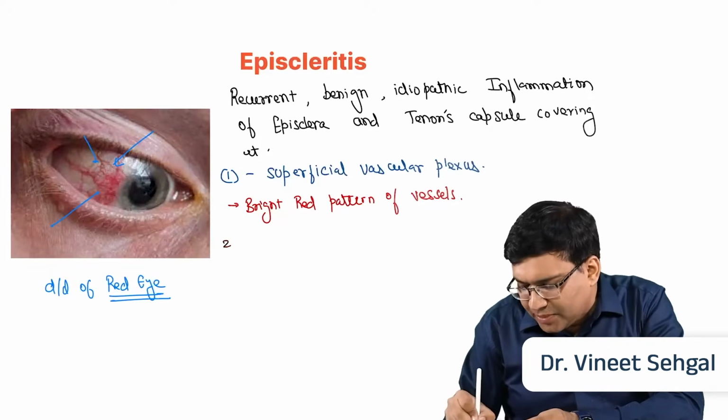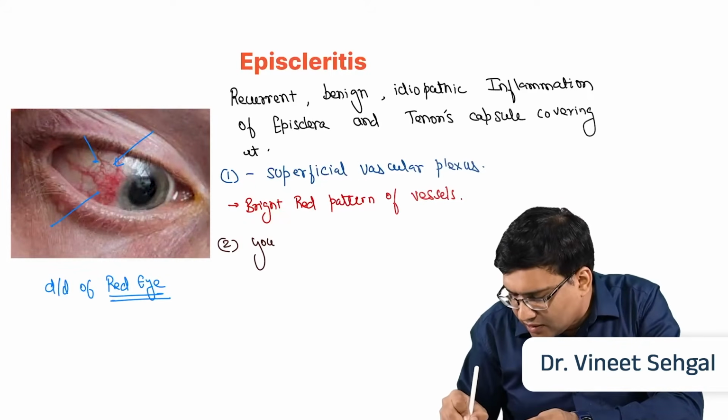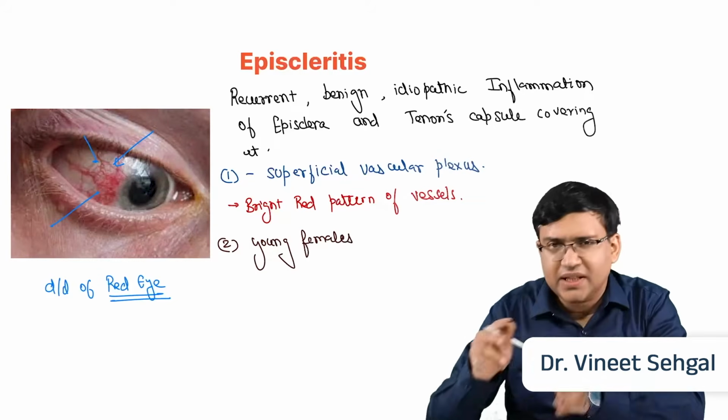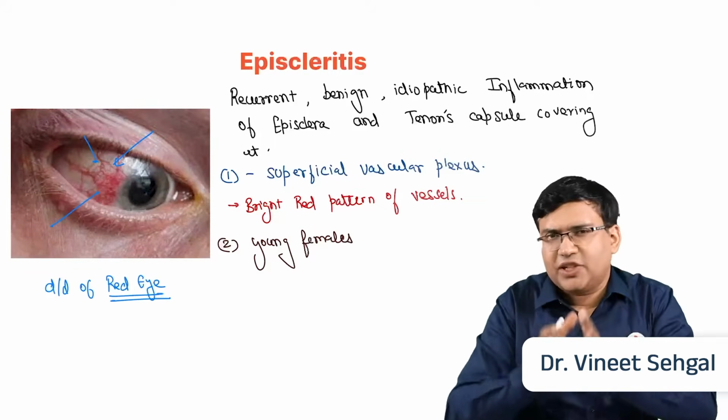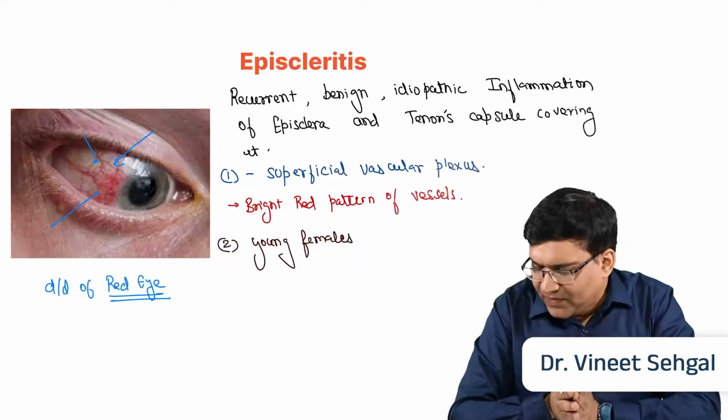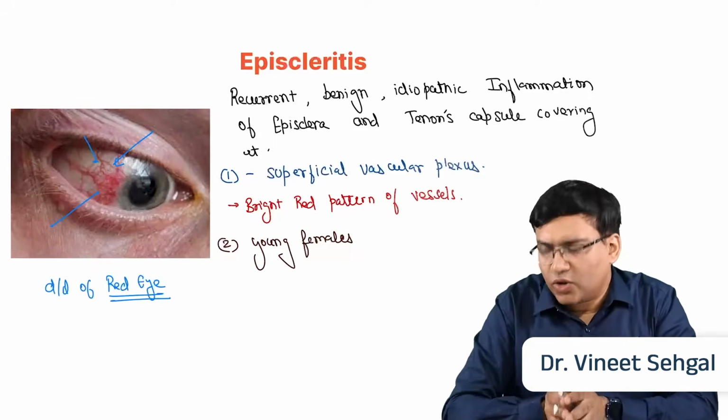Usually the patients are young females, around the age group of 35 to 45 years, and they have good immunity.